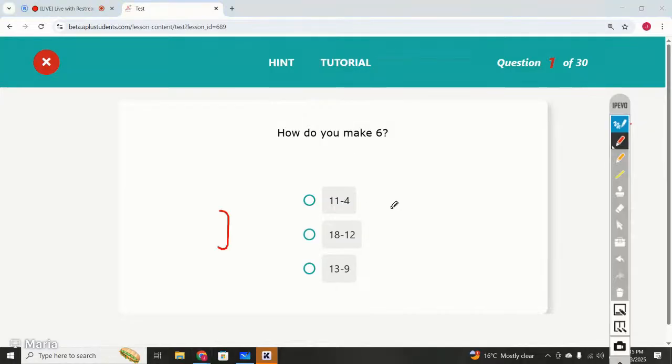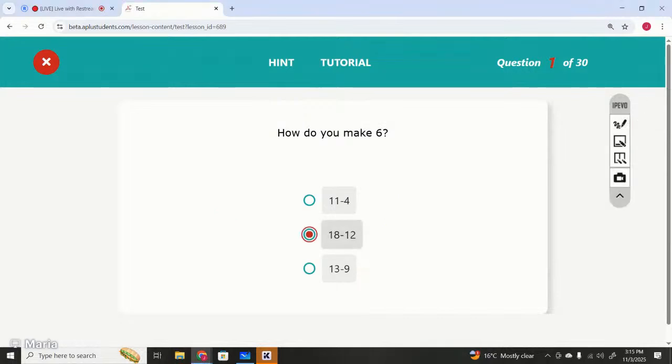So we have to make 6, right? 11 take away 4 is 7. 18 take away 12 is 6. And 13 take away 9 is 4. So the correct option is option number 2, because 18 take away 12 is 6.